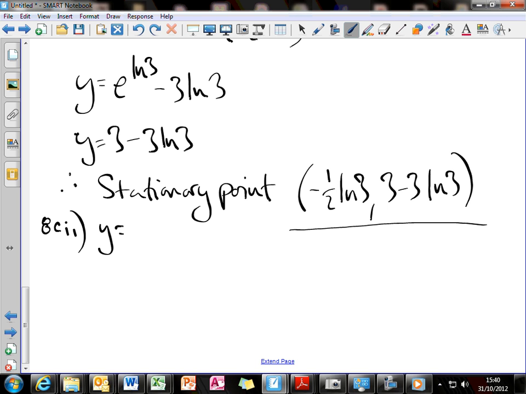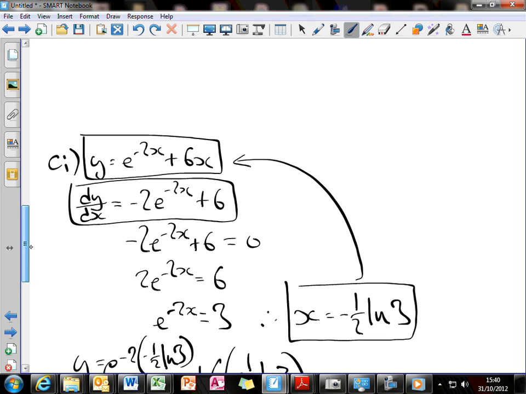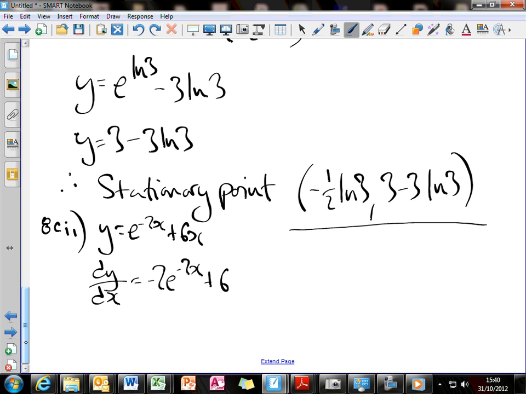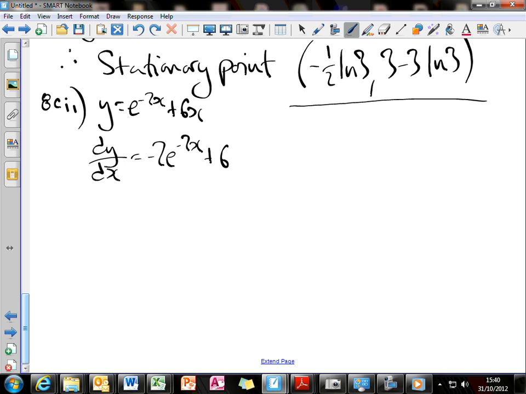We started off with y equals e to the minus 2x plus 6x, and we differentiated it once already, to get minus 2e to the minus 2x plus 6. We need the second differentiation to find the nature of the stationary point. So the second differentiation is going to be 4e to the minus 2x, because the power comes down.